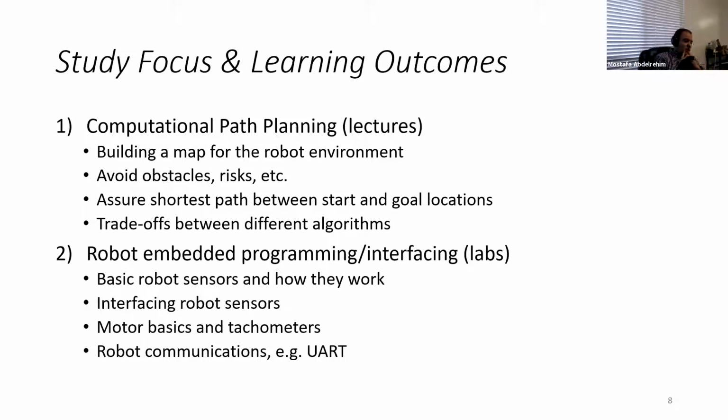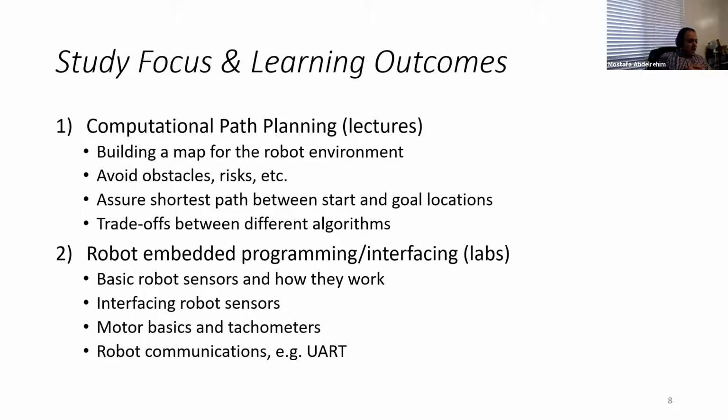The study focus and the outcomes are actually in two parts. So we will concentrate our study in two parts. First, which is the lecture part, the computational path planning. So the basic problem here is that if you have a robot in some environment, how will this robot discretize or identify the environment around it, and how will it navigate through this environment to its goal.